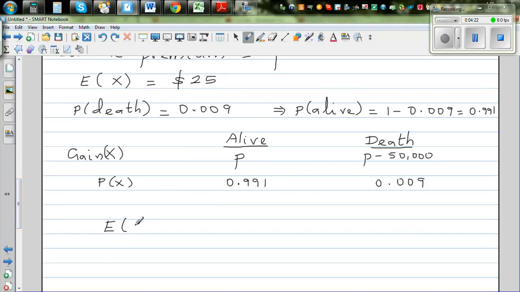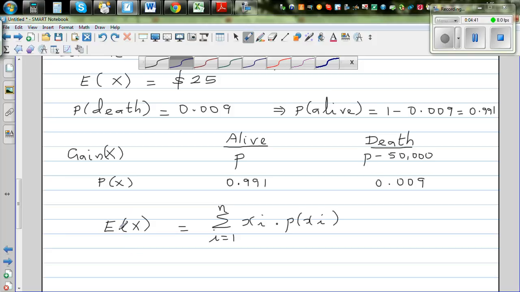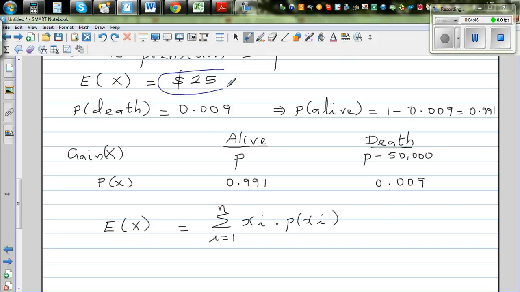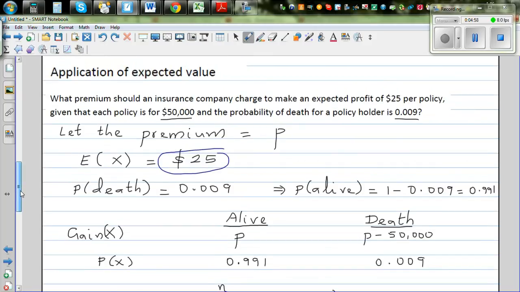Let's write the formula. The expected value of a random variable X is the sum, from i equals 1 to n, of xi times the probability of xi. What does this mean? The expected value of this situation is 25. They want an expected gain of $25.